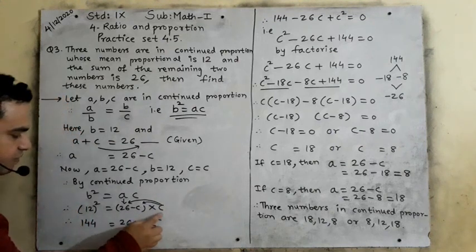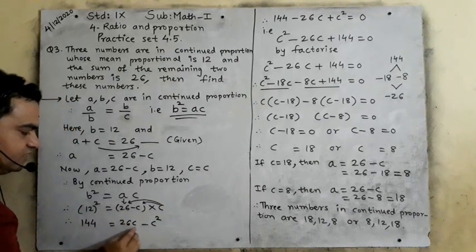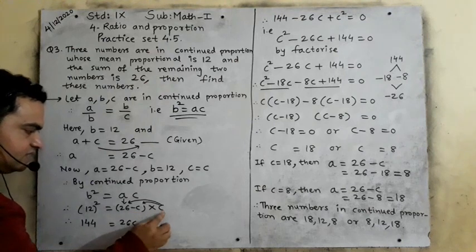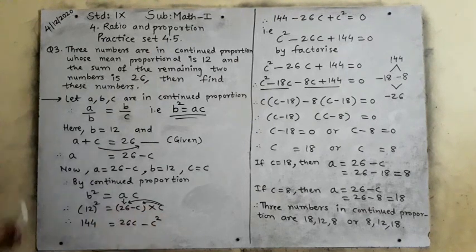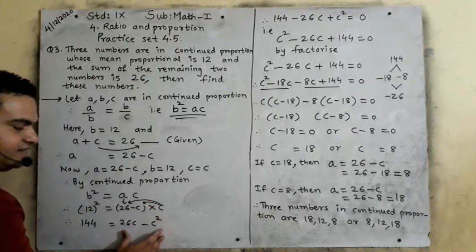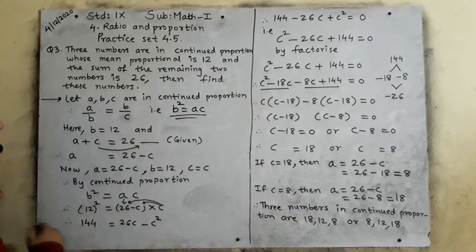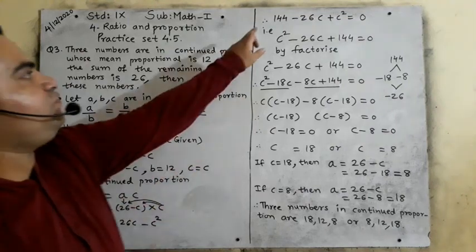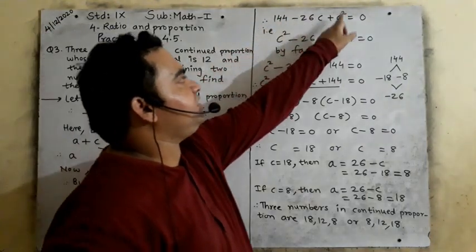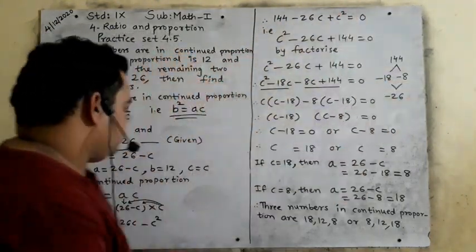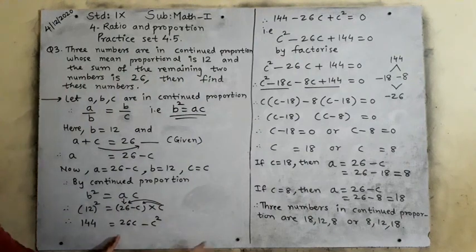Look here, C multiplied by 26 is 26C, minus C multiplied by C is minus C square. Now we will take the right hand side terms to the left hand side. So it will be 144 minus 26C plus C square is equal to 0. What will remain on the right hand side? Nothing, 0.